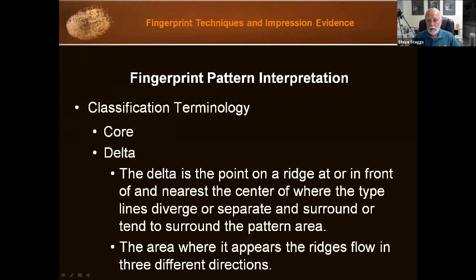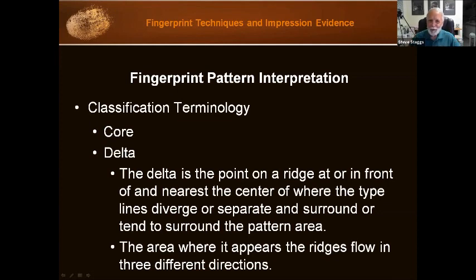The other term is delta. The delta is the point on a ridge at or in front of the nearest of the center of where the type lines diverge or separate and surround or tend to surround the pattern area. That's quite a definition. A little bit easier definition: it's the area where it appears the ridges flow in 3 different directions.